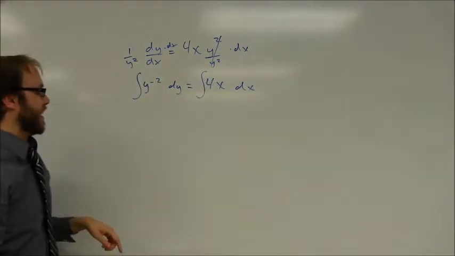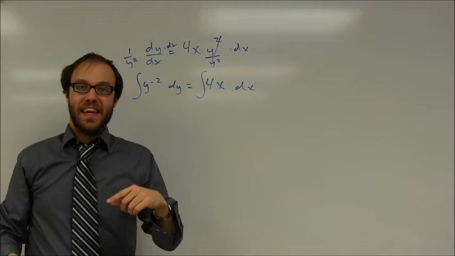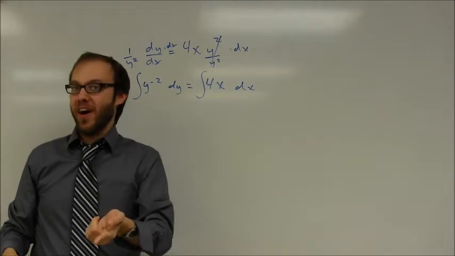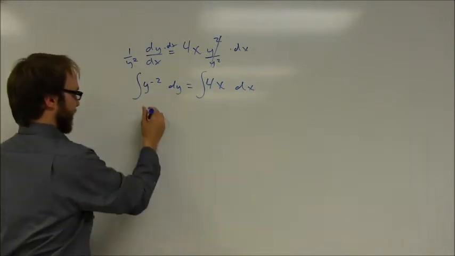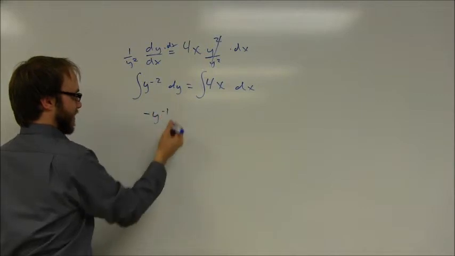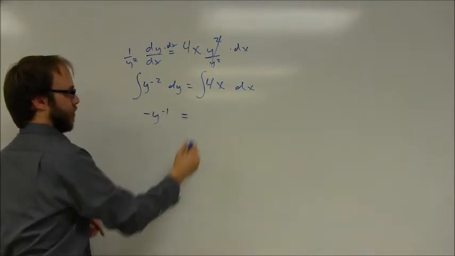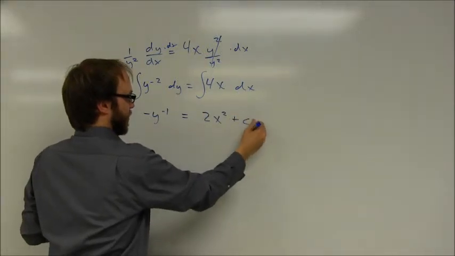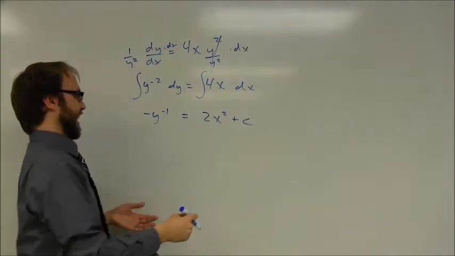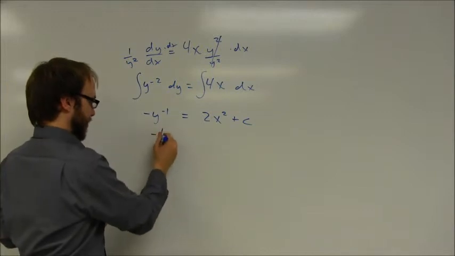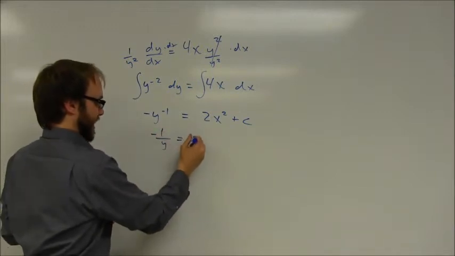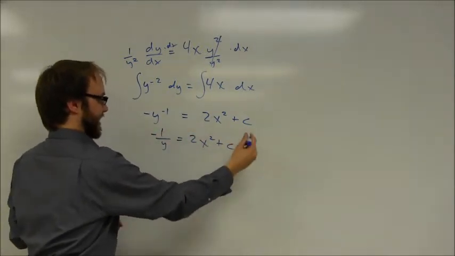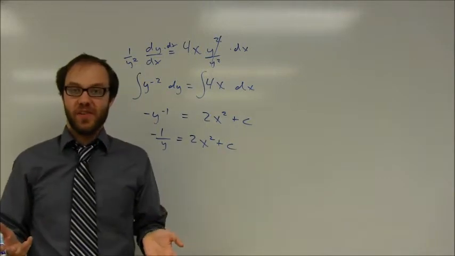So I can do something that looks like this. Remember, when you take the integral, you raise the power by 1 and divide by that new power. That's going to be a negative y to the negative 1 equals, raise the power here, divide by it, it's going to be 2x squared plus c. And again, you might want to write that as negative 1 over y equals 2x squared plus c. You're going to have to read the question to see what they're asking you to do.